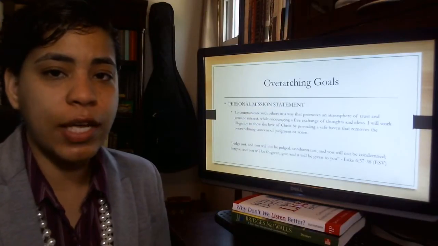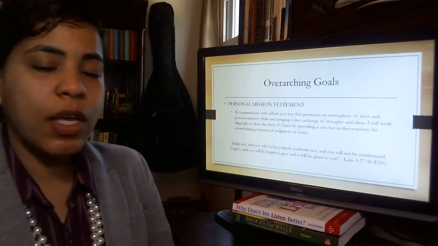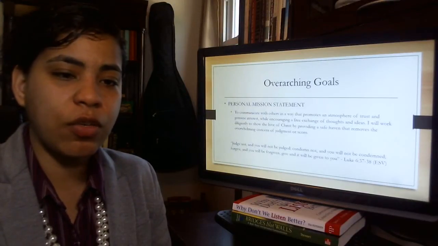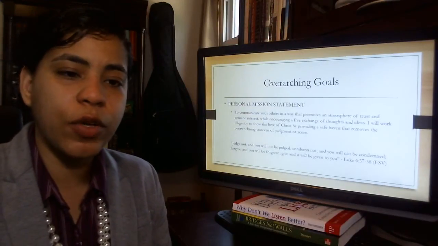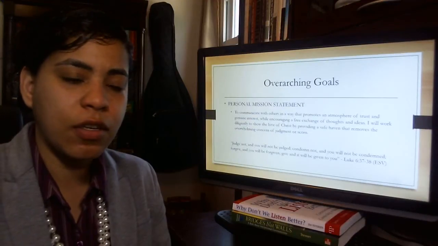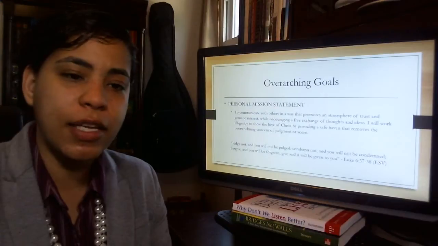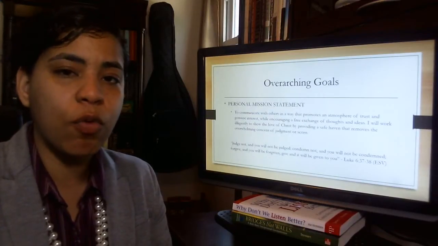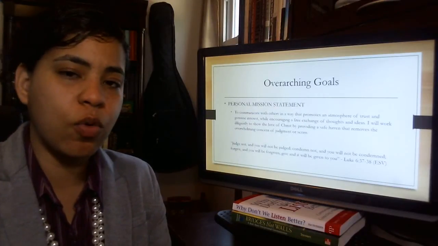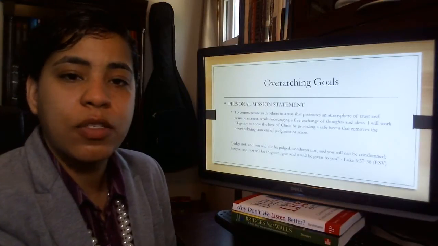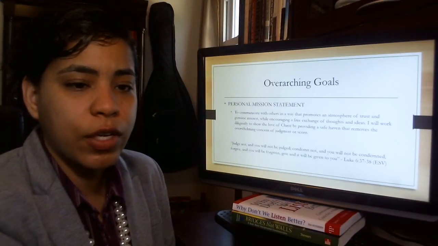And it goes as follows: to communicate with others in a way that promotes an atmosphere of trust and genuine interest while encouraging a free exchange of thoughts and ideas. I will work diligently to show the love of Christ by providing a safe haven that removes the overwhelming concern of judgment or scorn.